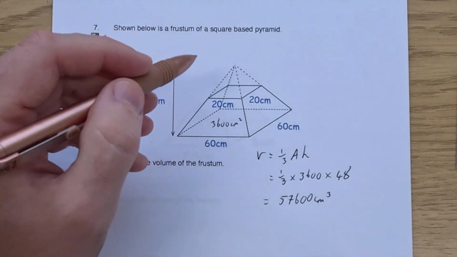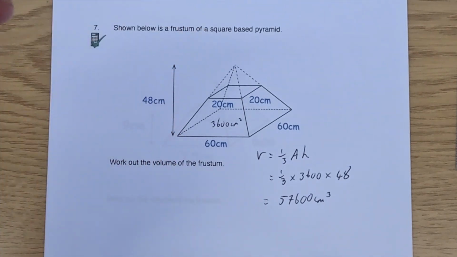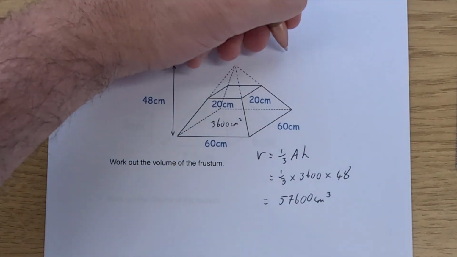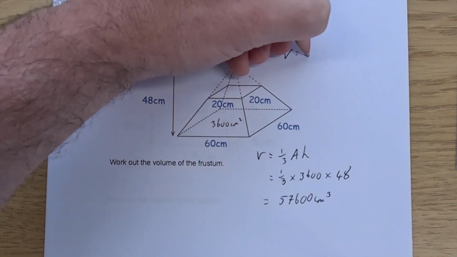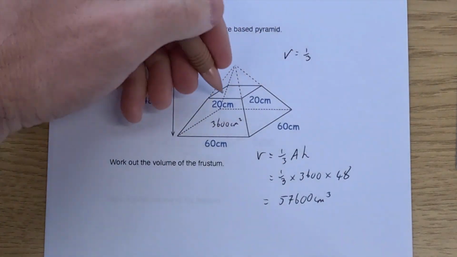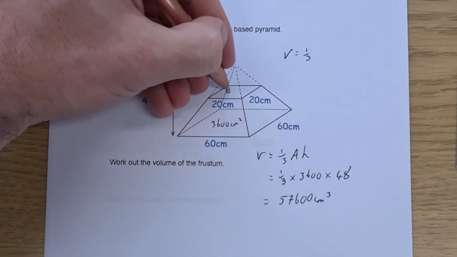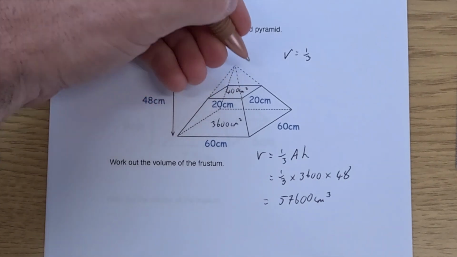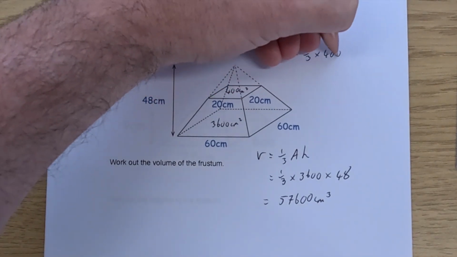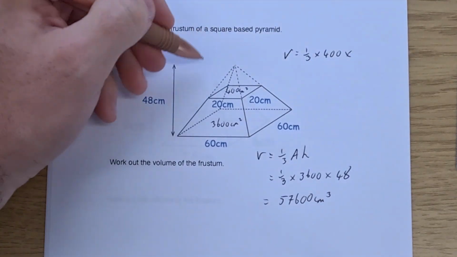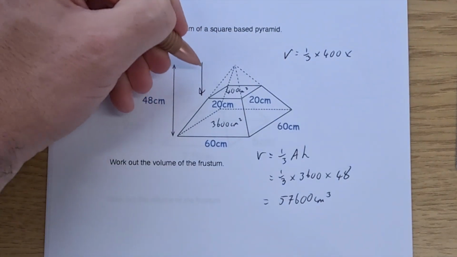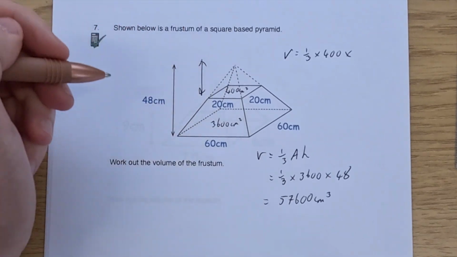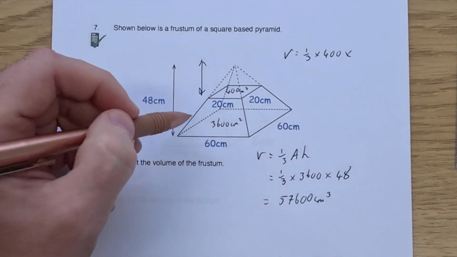But a smaller one's been removed. So let's find the volume of that smaller square-based pyramid. So the volume, again, will be equal to 1/3 the area of the base, so that's going to be 20 times 20, which is equal to 400 centimeters squared, times the perpendicular height. So we need to find the perpendicular height of this smaller square-based pyramid. Now, if we have a look at them, we know they're mathematically similar.